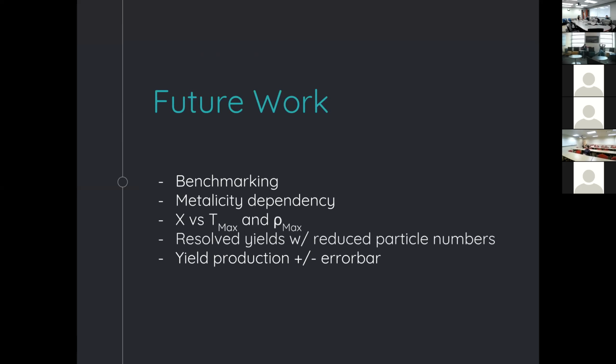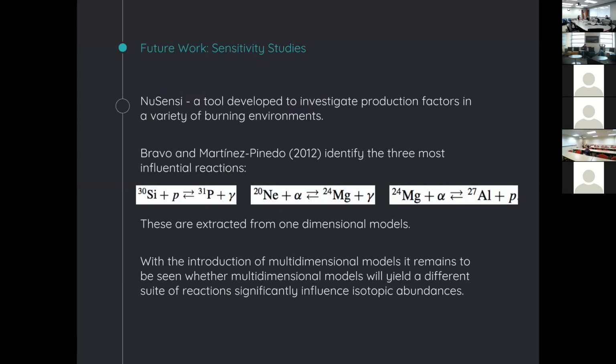Is it nuclear physics that we have to focus in on, or is it the models that we have? Where is it that we can improve these? Sensitivity studies as well.